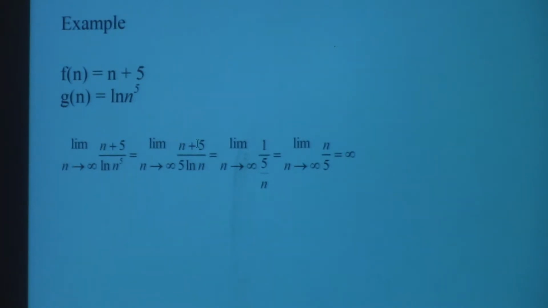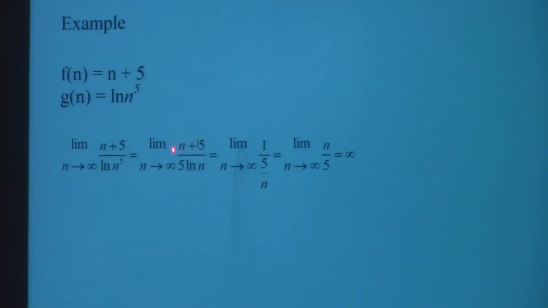This is the power rule for logs. Now, just in case you were wondering, if we have a limit, we can take the 5, which is a factor, and take it in front of the limit. We can do that. We don't have to do it, but we can. Only a factor.